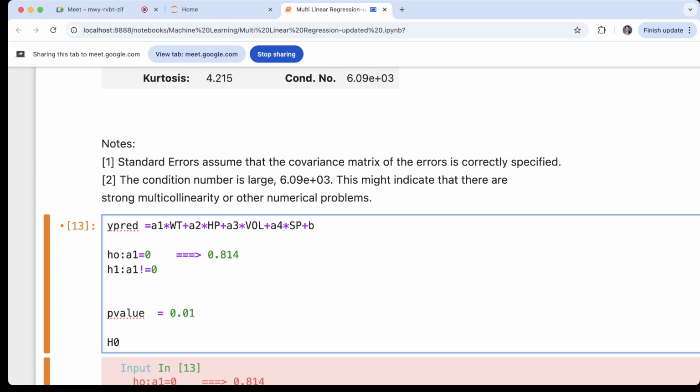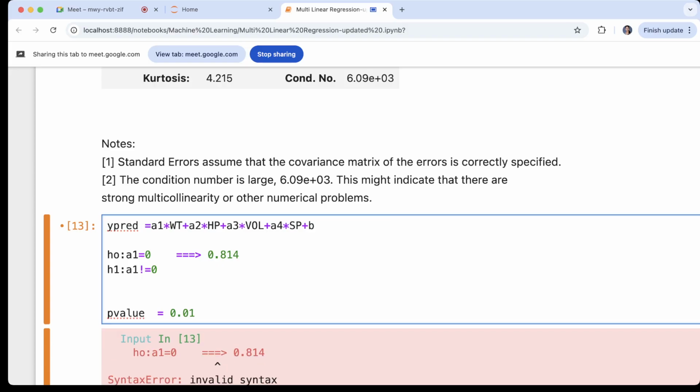If it is low, will we accept the null hypothesis or reject it? If the p-value is low, that means that much percent chance that H naught is true.